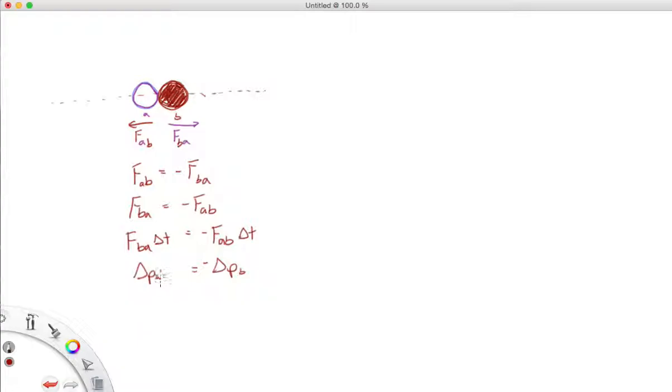So what is the change of the momentum? It is the momentum of A, the final, minus the momentum of A, the initial. And the whole thing is going to be negative, and it's going to be the same kind of formula. The final for B minus the initial for B. Okay, great.